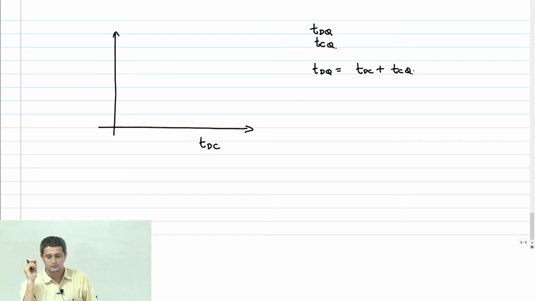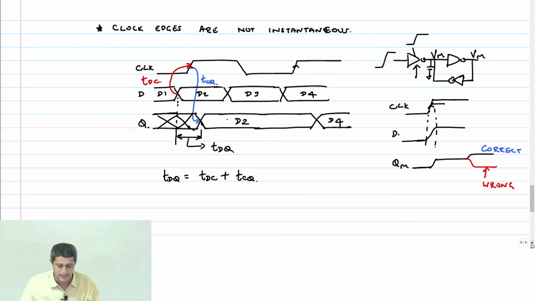Okay, so let's assume that TDC was a very large value. That means the data change has happened far away from the clock edge. What should be the value of TCQ in that case? Will it be minimum or maximum?